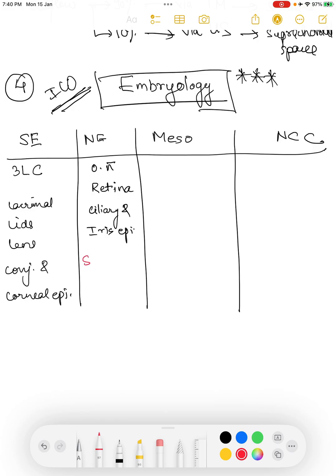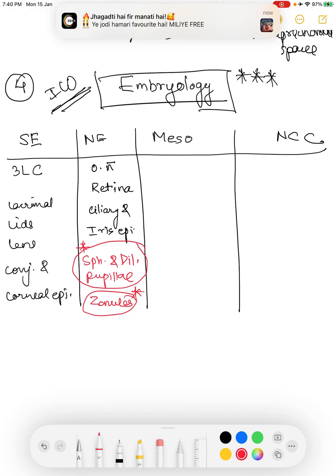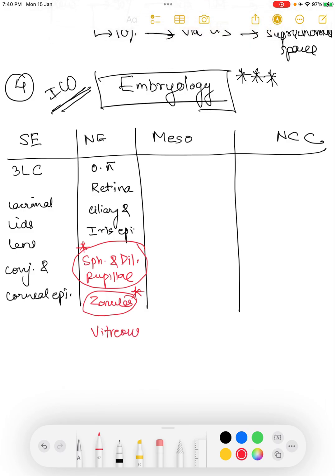Exceptions being sphincter and dilator pupillae, the muscles of constriction and dilatation of the pupil. Zonules, as I mentioned before, hold the bag of the lens. Vitreous gel. Now this vitreous gel is a bit tricky. It has multiple derivatives. We'll get to know it very soon.